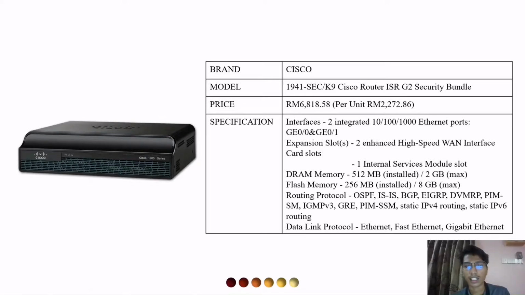Okay, and next about routing protocol. This router got OSPF, OSPFv3, IS-IS, BGP, EIGRP, DVMRP, PIM-SM, IGMPv3, GRE, PIM-SSM, static IPv4 routing, static IPv6 routing.